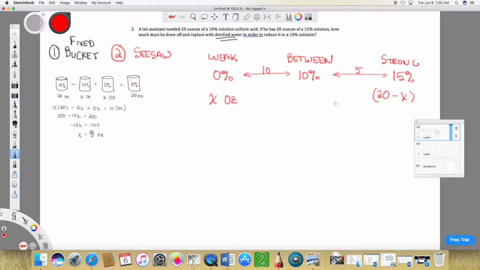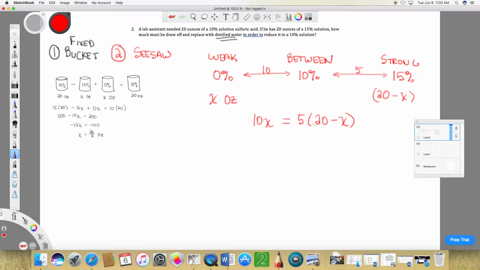So if we think of the equation as weight times distance, or maybe we should say volume times distance. In the seesaw, it's weight, but here the volume is analogous to the weight. So on the left we have 10 times x, and on the right we have 5 times 20 minus x.